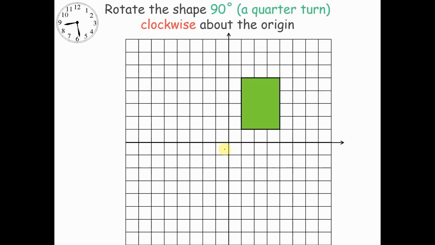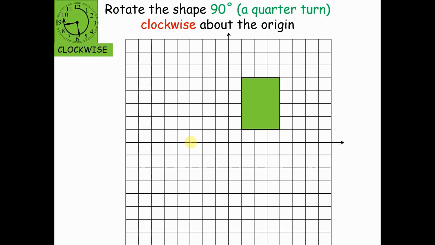Rotate the shape 90 degrees, a quarter turn, clockwise about the origin. The origin, as you should remember from the straight line graphs topic, is where the x-axis and the y-axis meet. Remember that it is clockwise, so it's going to turn in that direction.